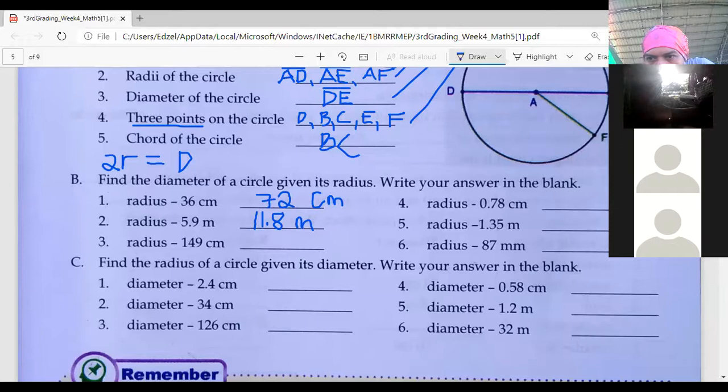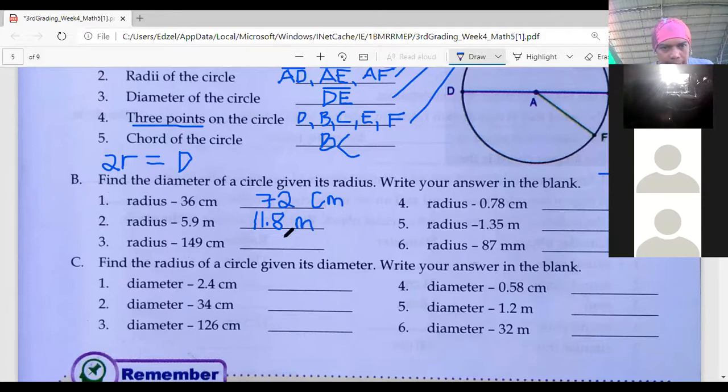Pwede mag-times, or i-plus na lang ta. 9 plus 9 is 18. So 18, 8 ungroup. Ay, decimal. Bring down lang ang period, ang point, ang decimal. Then 5 plus 5 plus 1 is 11. So, 11.8.